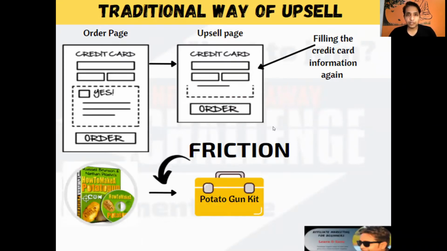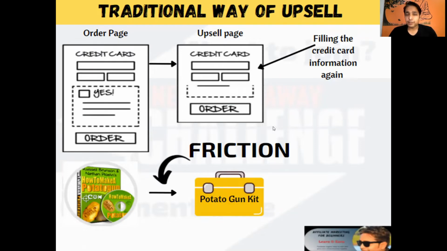In the picture I have put in the slides, there's a DVD. If you want to buy the DVD of how to make a potato gun, you can buy that, and once you enter your credit card information and click OK, you will be sent to a second page where they offer a toolkit for this potato gun. And if you want to buy that, you need to enter the credit card information again. So that was the earlier days when the upsell was like that.